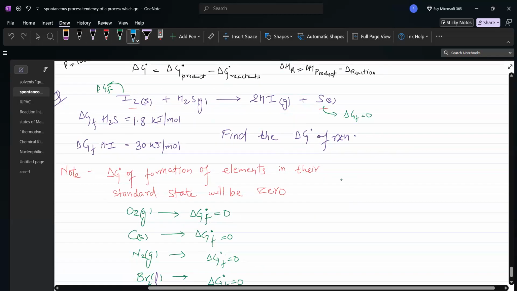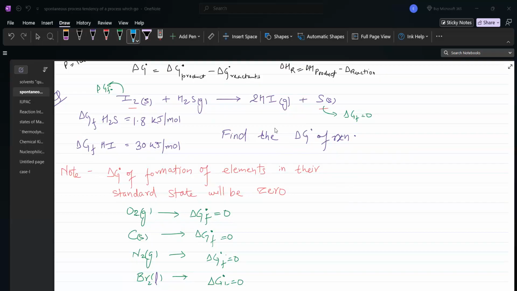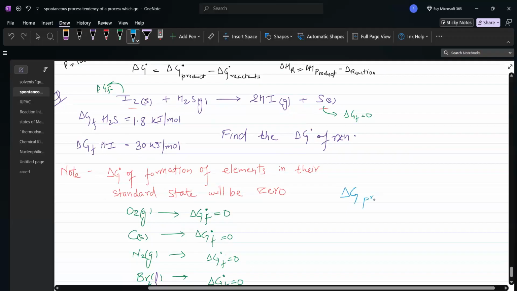Let's solve this question. So delta G of this reaction will be delta G of product minus delta G of reactant. So what will happen? In this reaction, delta G of product, we have 2HI, right?